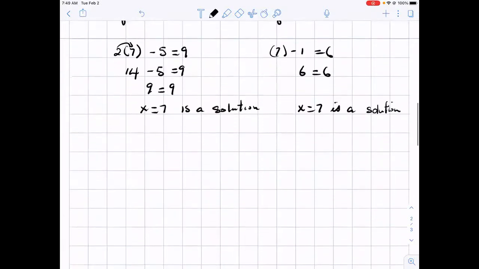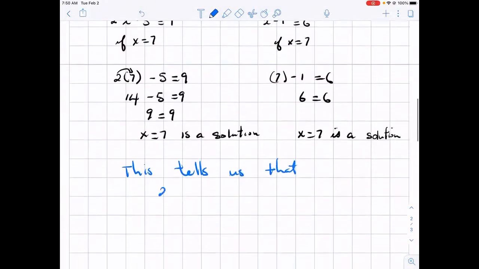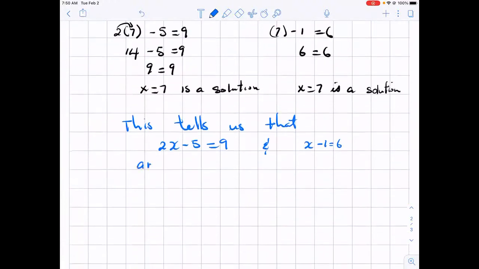That means that 2x minus 5 equals 9 and x minus 1 equals 6 are called equivalent equations.